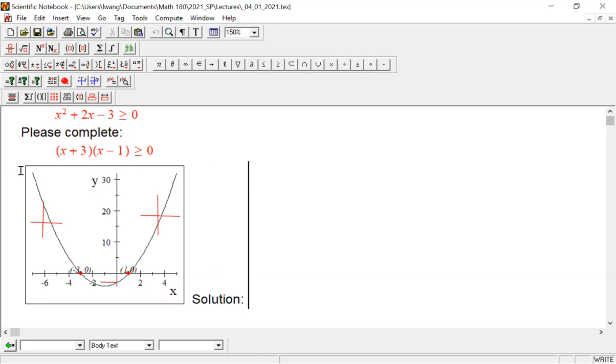In that context, the solution would be x less than or equal to -3 or x is larger than or equal to +1. Then you're done, okay? So don't hesitate to use the principles, number 1, 2, 3, 4, 5, 6, whichever one is applicable to serve your purpose. Because sometimes you can make your life a little bit easier, okay?